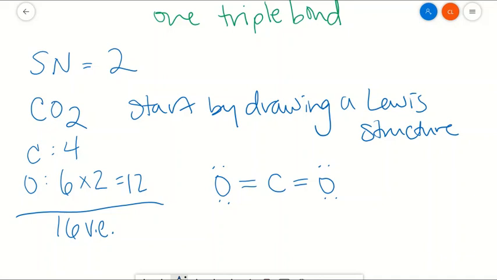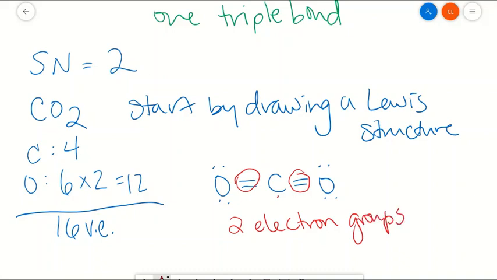So then you want to take a peek. The way you figure out the steric number, because I'm not always going to tell it to you, is you take a look at this central element and you say how many electron groups are around that central element. And so here we have 1, 2. So that's 2 electron groups.